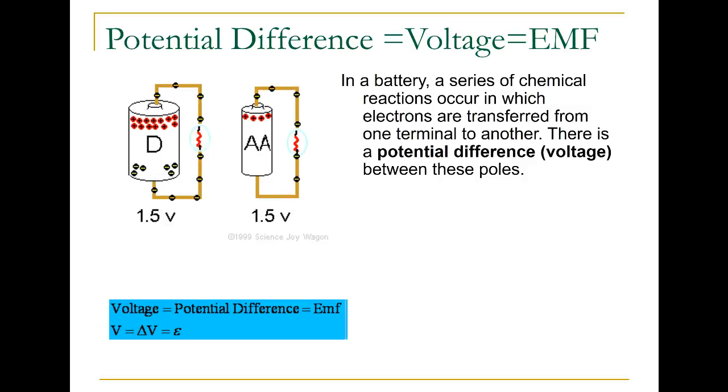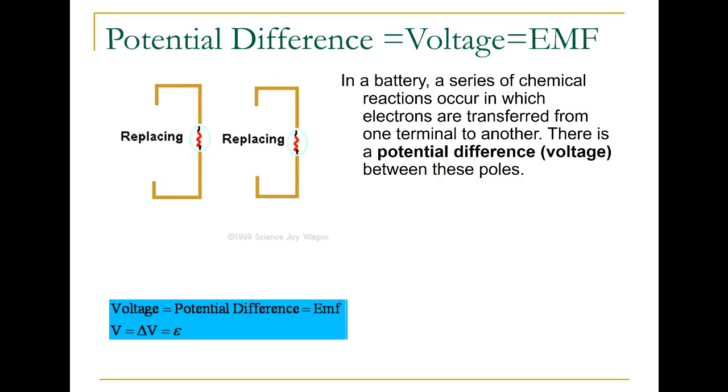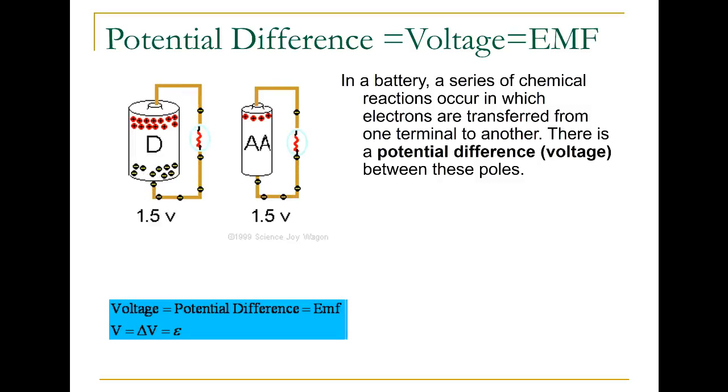If you've studied chemistry, you'll know about electrochemical reactions. You might have studied how, for example, zinc plates and copper plates have a potential difference between them because of their electronegativities.